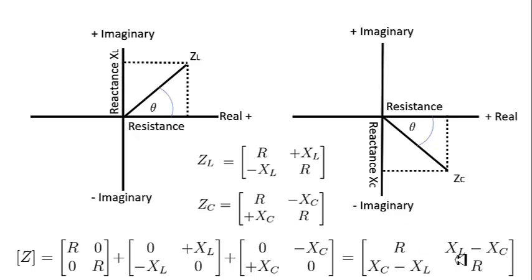So the resistance is on the forward diagonal. The combination of the reactance is on the backward diagonal, and you can see that you have XL minus XC and XC minus XL. These are complex conjugates of each other. So the inductive reactance is the complex conjugate of the capacitive reactance, or the capacitive reactance is the complex conjugate of the inductive reactance.